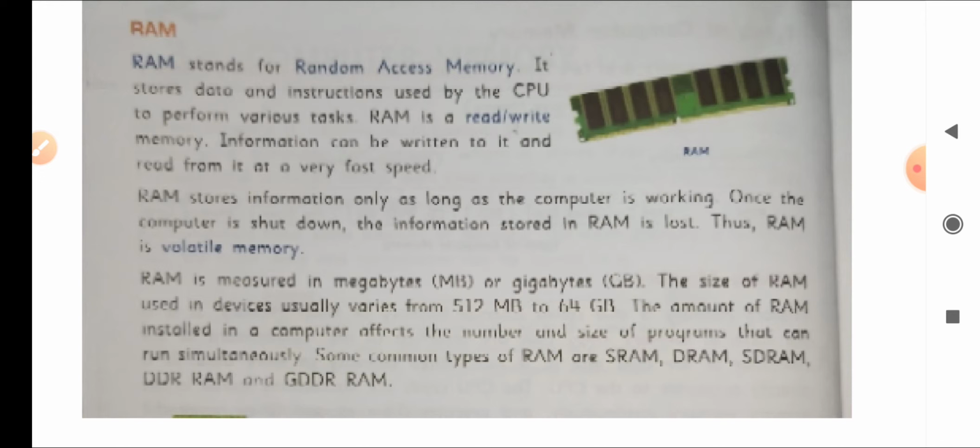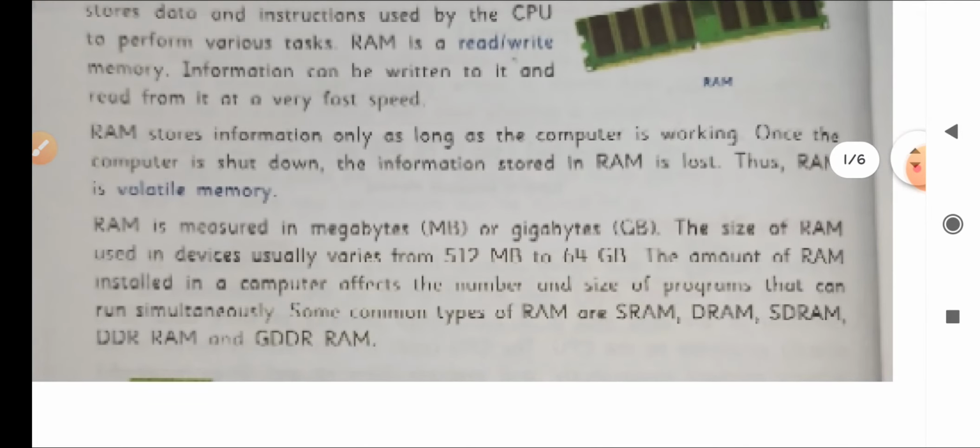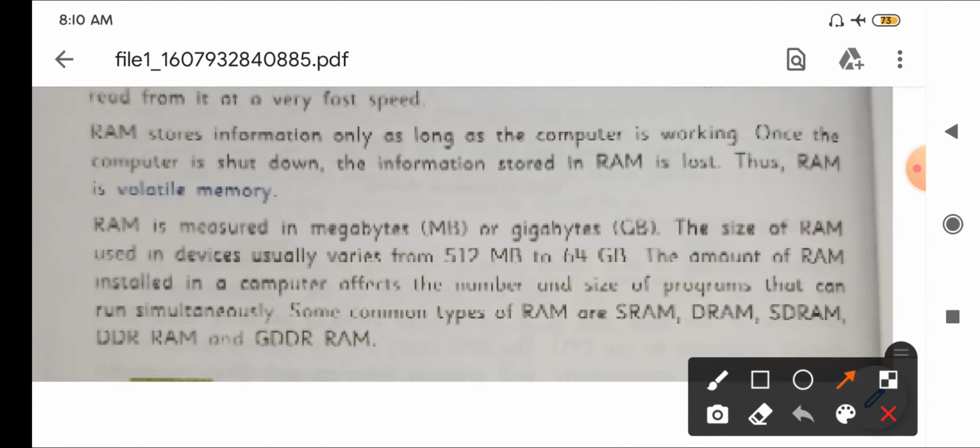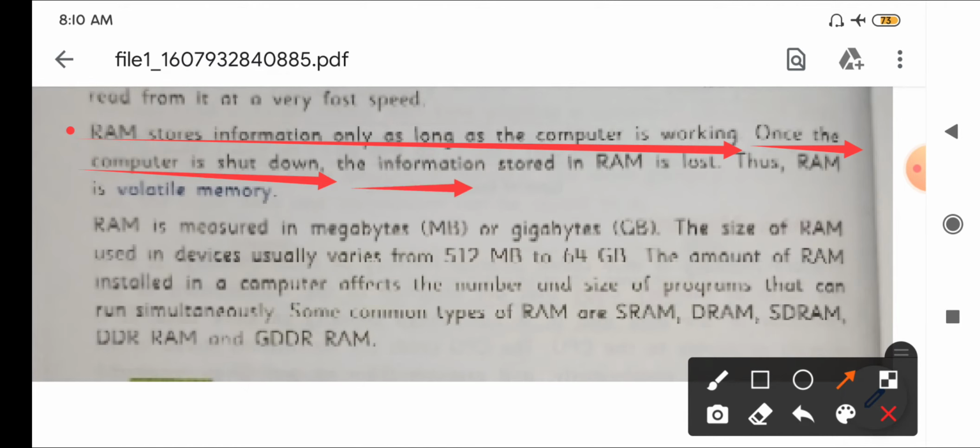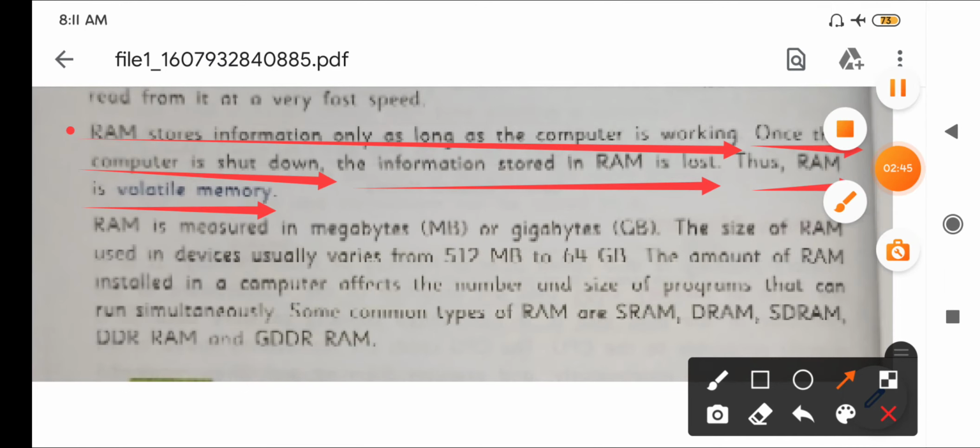You can give back the information also in RAM. Now the next is, RAM stores information only as long as the computer is working. Once the computer is shut down, the information stored in RAM is lost. Thus, RAM is volatile memory.